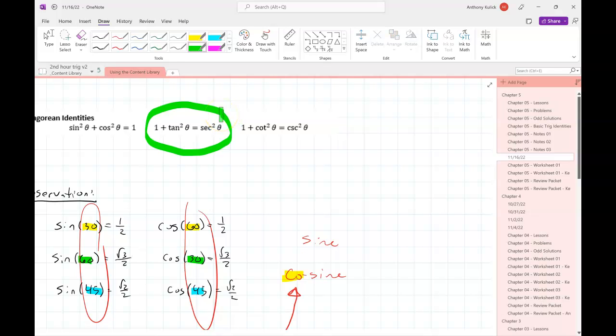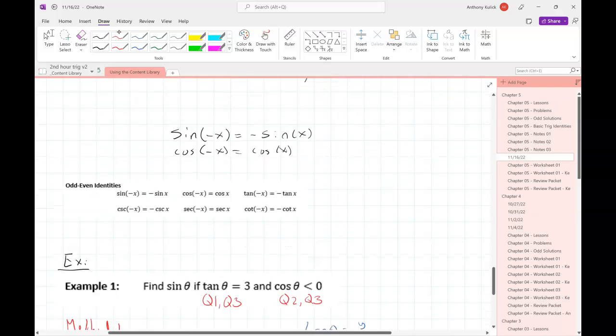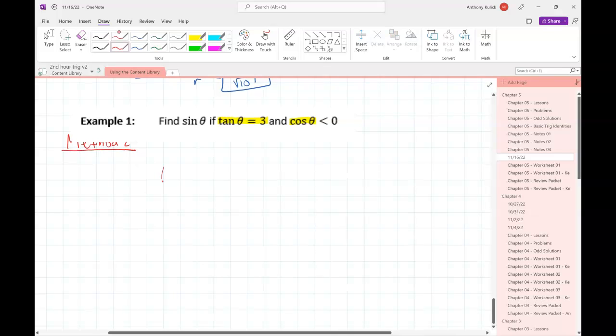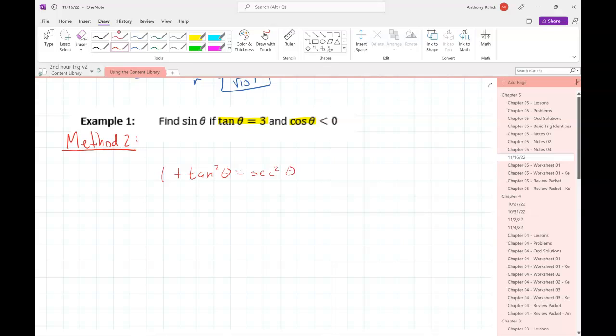Why is that close? What is secant the same as? 1 over cosine. Yes, sir. Sure. So I'm going to use this one because that involves tangent, what I know, and then cosine, which is the other piece I know something about. So I know tangent is 3.